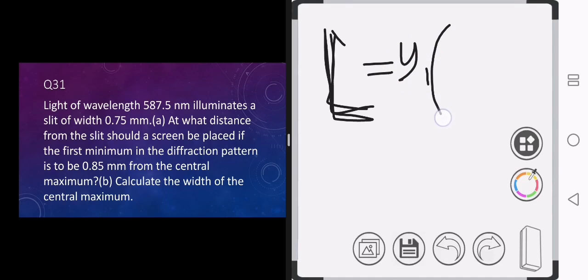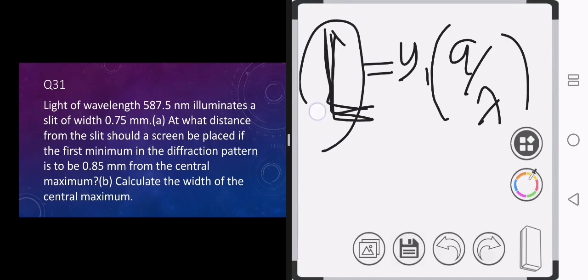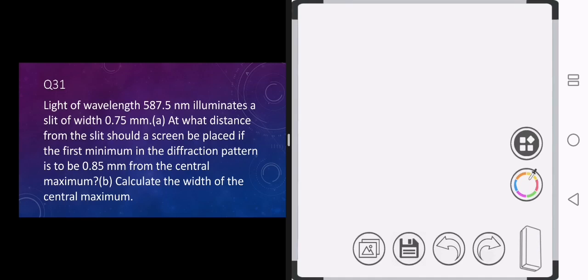L is Y1 times A over lambda. I think you have all the information given, so you find your L. Y1 is your first diffraction pattern, A is your single slit value, lambda is the wavelength of the light. Next question is B.